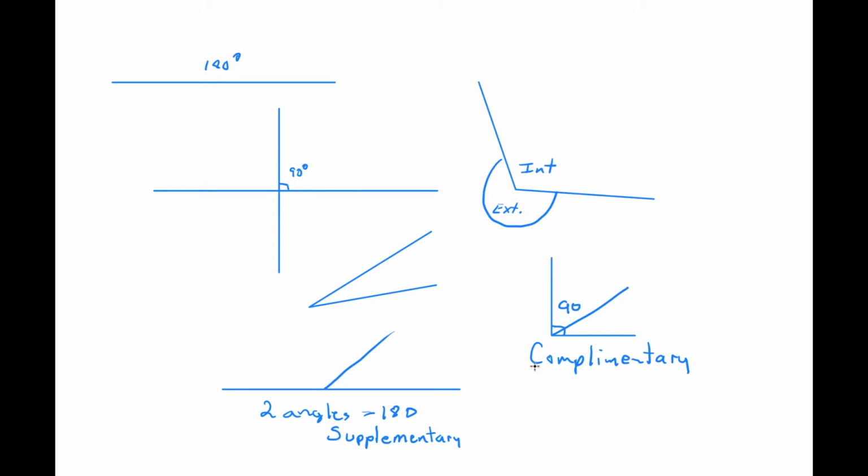So 90 goes with C and 180 goes with S, if you line them up numerically and if you line them up alphabetically, if that helps you to remember the difference. So complementary is two angles that make 90 degrees. Supplementary is two angles that make 180 degrees.